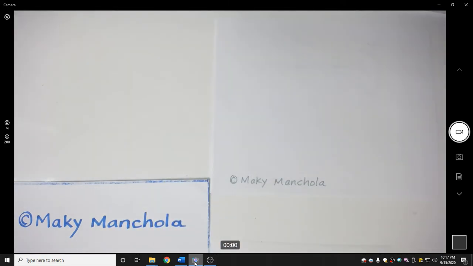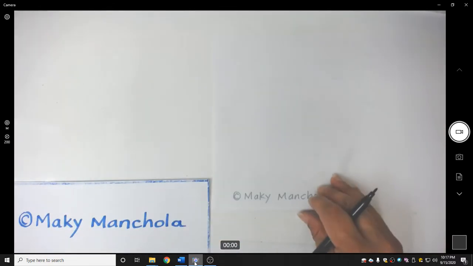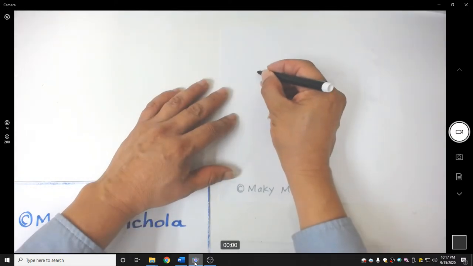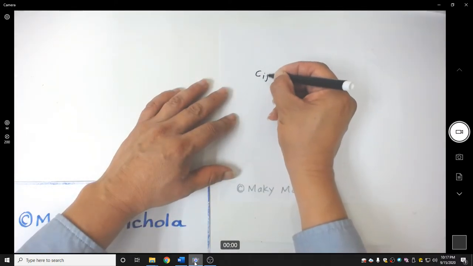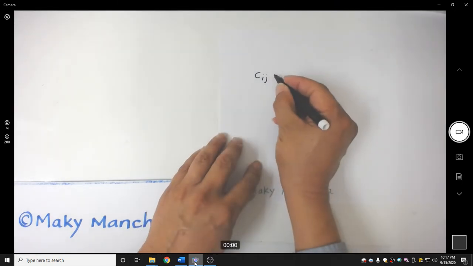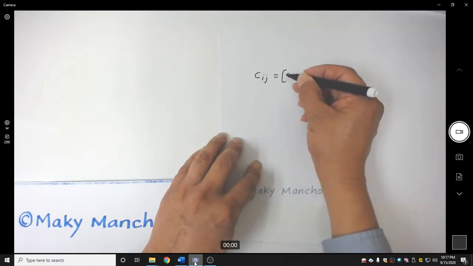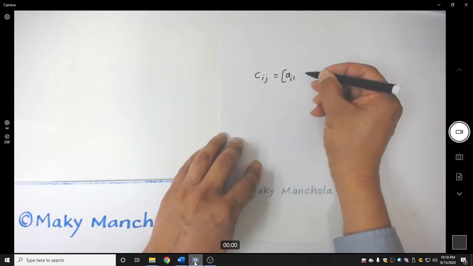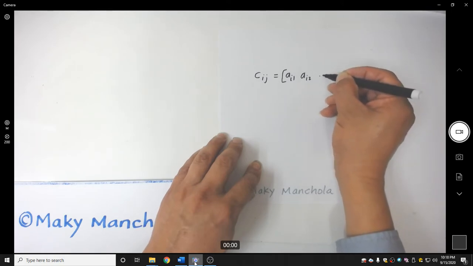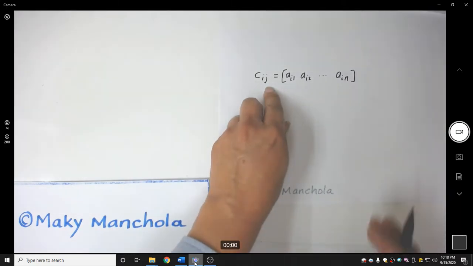Let's work out Cij. So what is Cij? Well, we know that it has to be the dot product of the ith row of A and the jth column of A.